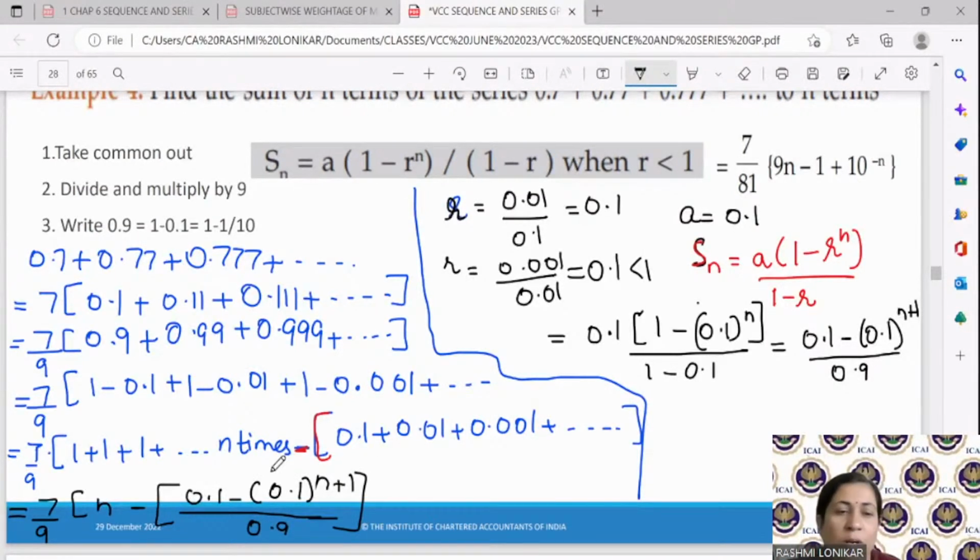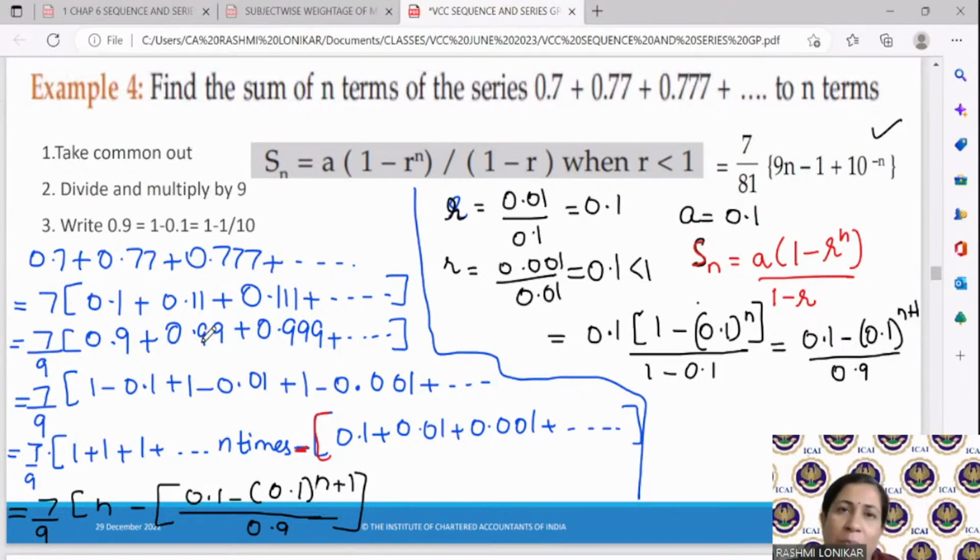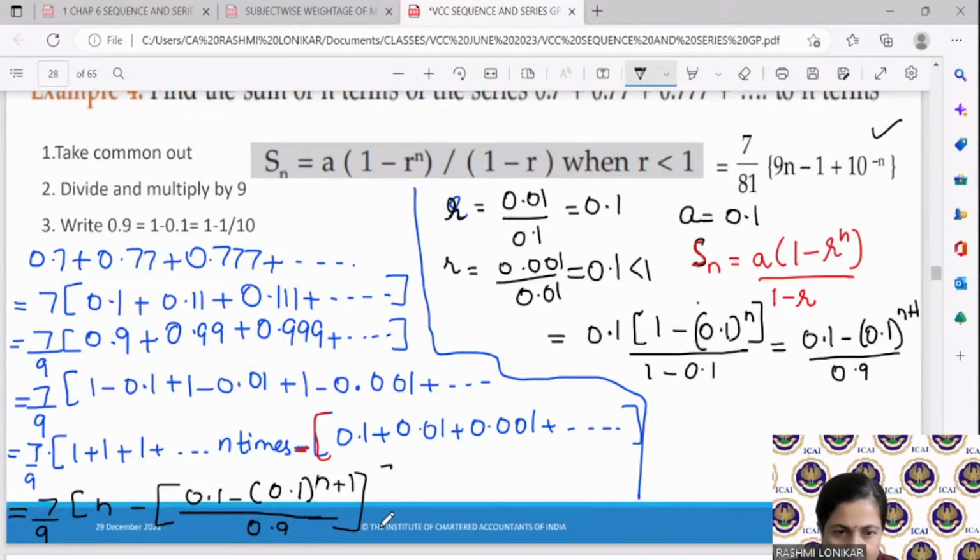If I want, because in the book the answer is given in this form. But I have taken decimals here. Why? Because it becomes easy to write. Otherwise, every time I'm writing 1 by 10, 1 by 10, so it becomes difficult. So whatever I do, this numerator and denominator I multiply by 10. Okay. This numerator and denominator I multiply by 10, and then I get the answer.